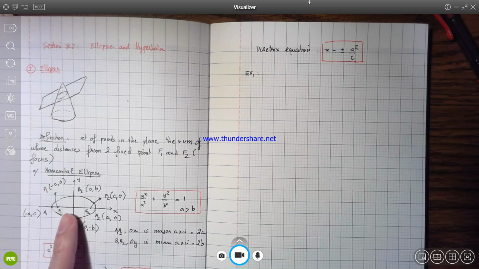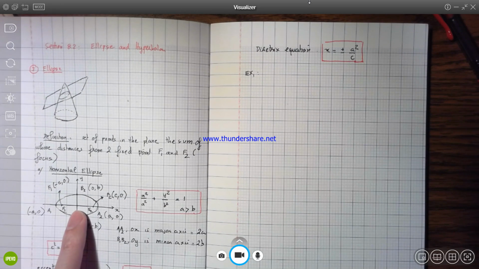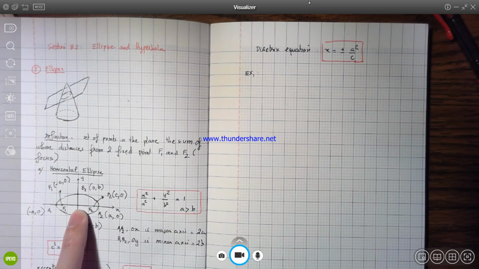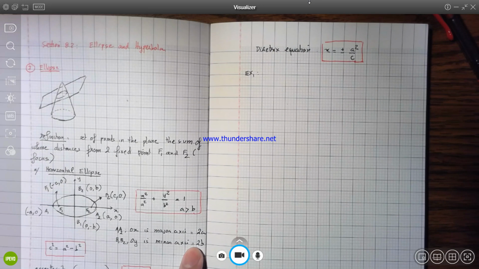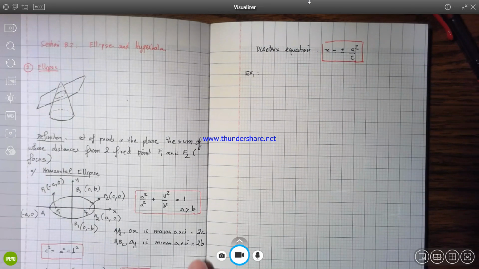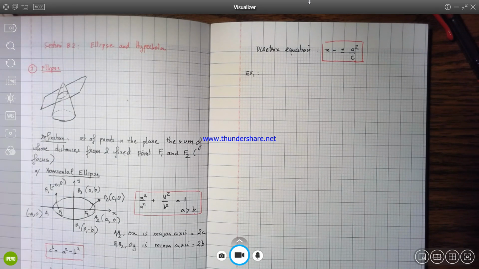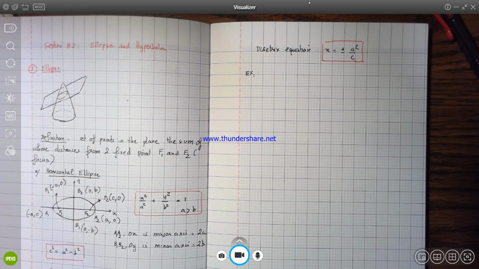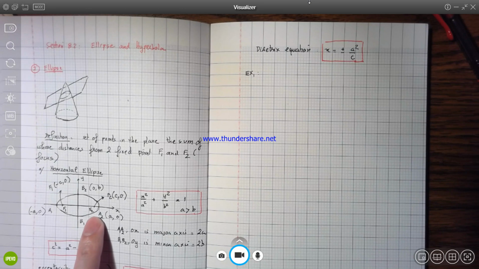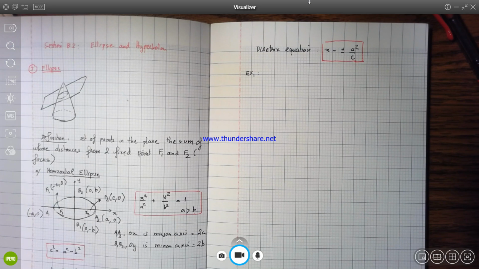For the ellipse with center at the origin, we already mentioned the major axis, the minor axis. Anything else? We talked about the vertices. So it looks good. It looks like we didn't miss anything. Let's jump to the first example.